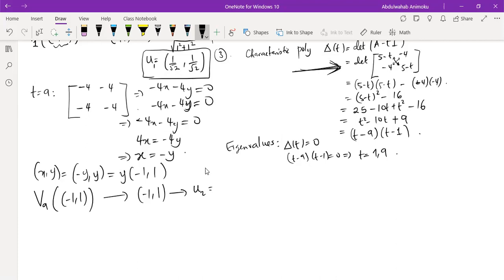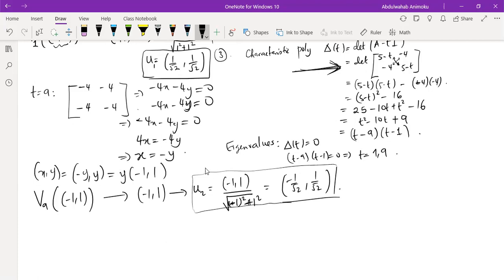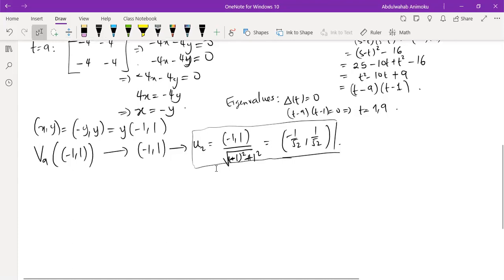We have to divide this by the length of that vector, which is the square root of (-1) squared plus 1 squared. Which will give us (-1 over root 2, 1 over root 2). Okay, right. So these are the two vectors. And these vectors are called the eigenvectors, or the orthonormal eigenvectors.